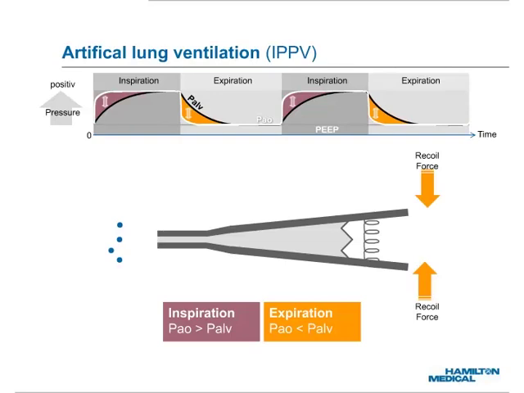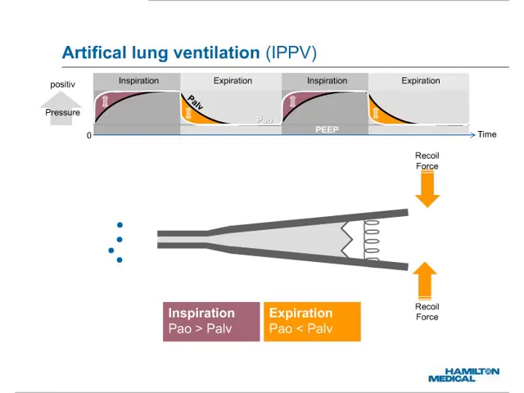With inspiratory flow over time, the lungs are inflated and the alveolar pressure, PALV, rises exponentially. At the end of the inspiration, both the airway opening pressure, PAO, and the alveolar pressure, PALV, are equal at peak pressure level. The inspiratory flow stops.